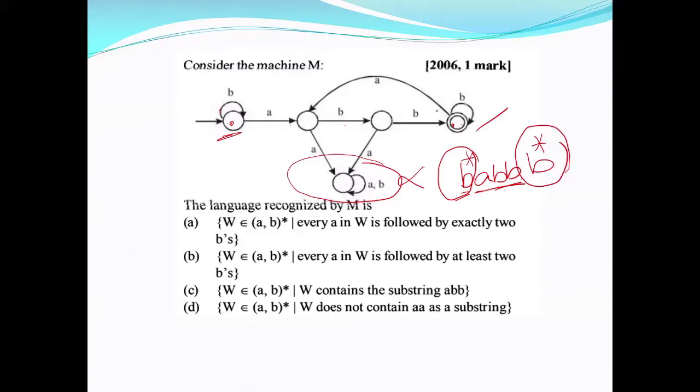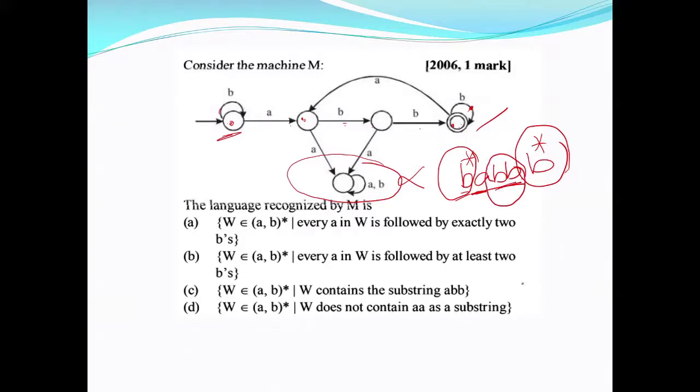Or, once again it is coming back on a. Suppose you get a, you are coming back to a, right? And then b, b followed by any number of b's. That means what you can observe here is that this is a string in which every a is followed by two or more b's.